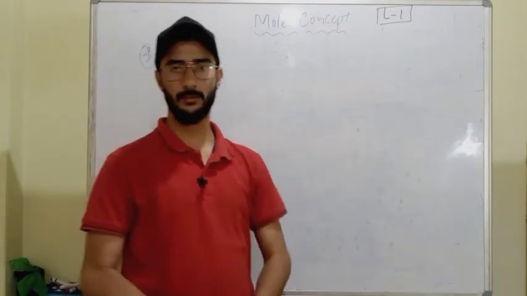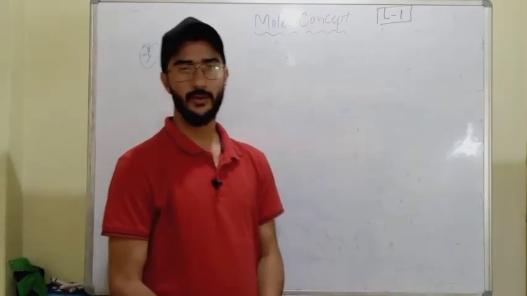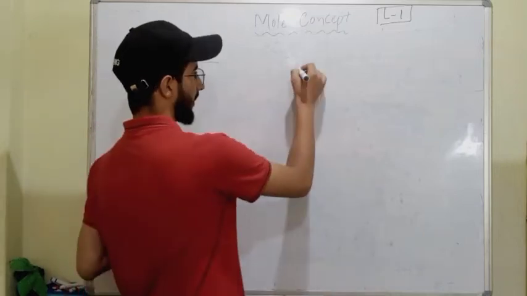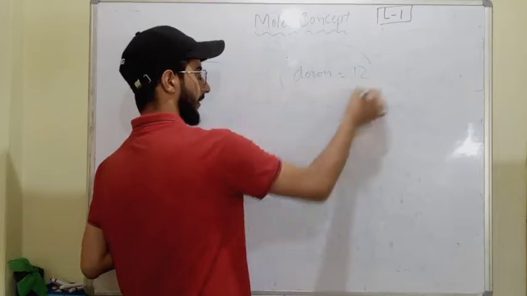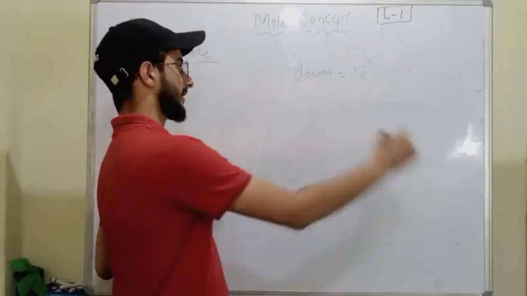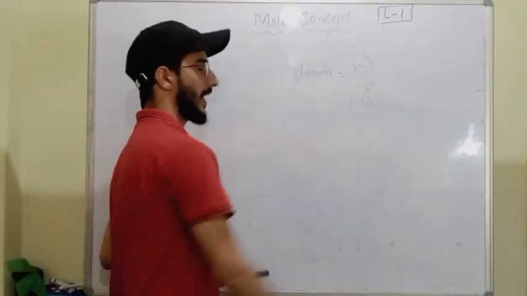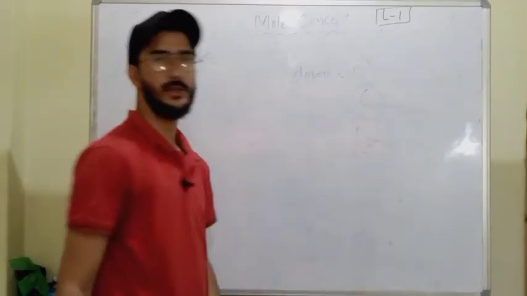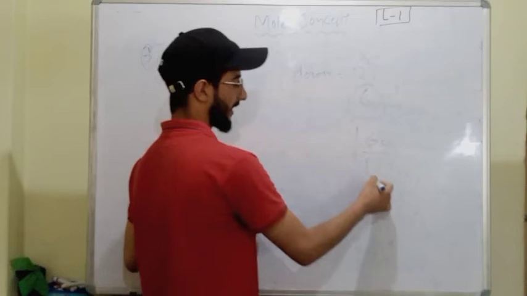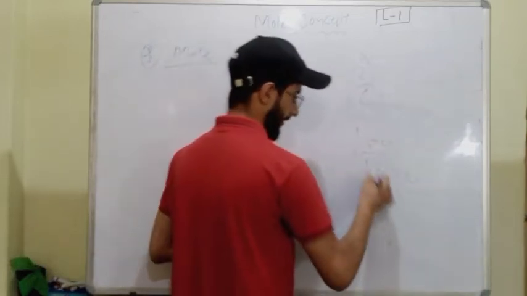There we have some numbers. If we call a dozen, it means the number is 12. Half a dozen means the number is 6, and 100 means the number is 100. 1000 means that we have the number like this.